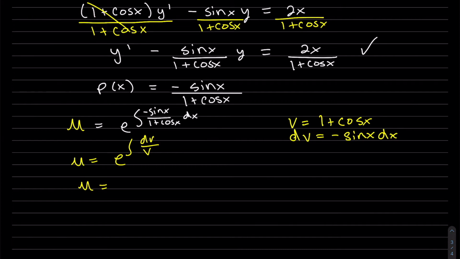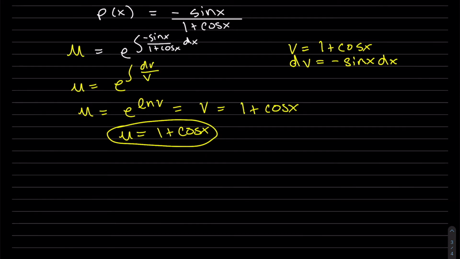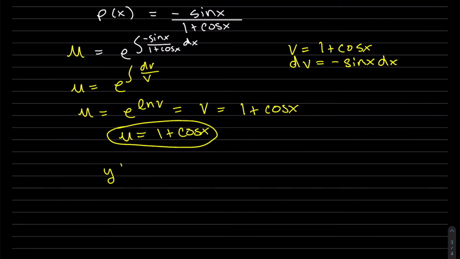Mu is e to the natural log of v, which is v, but v is 1 plus cosine of x. So that's my mu. So now we multiply both sides. We take our standard form.